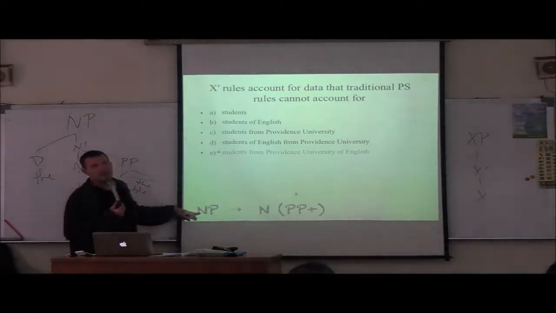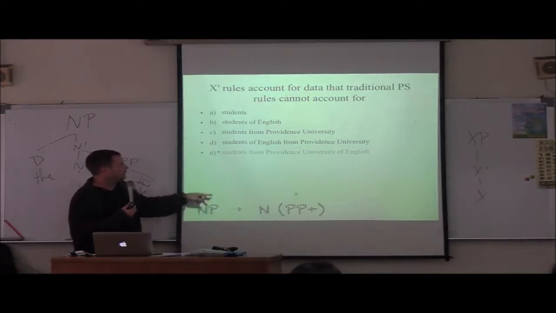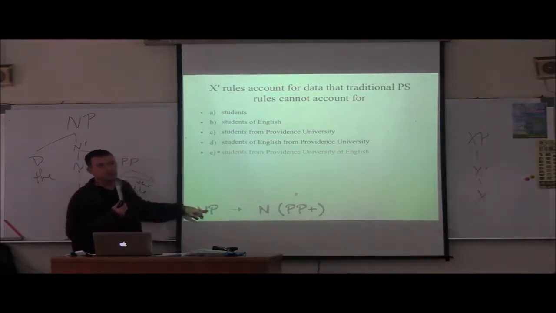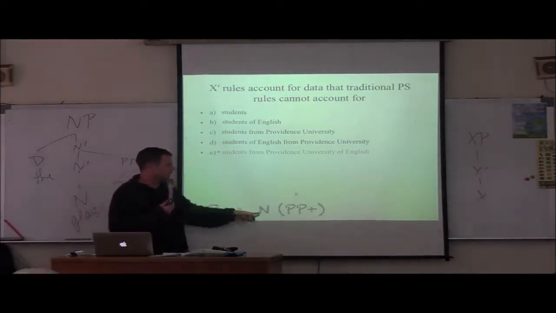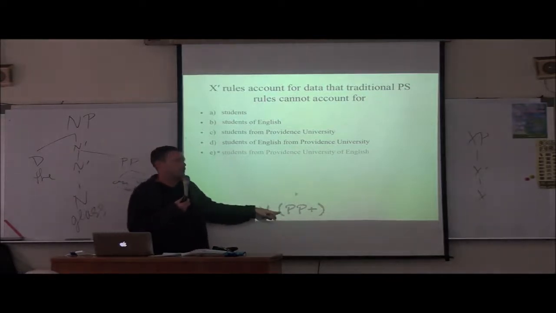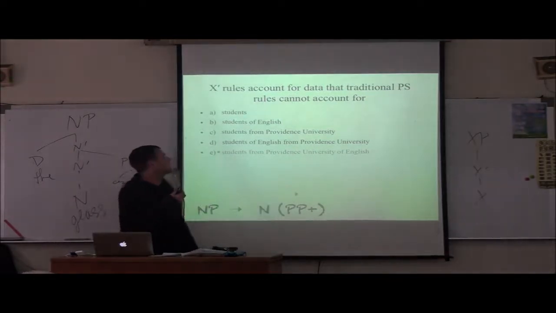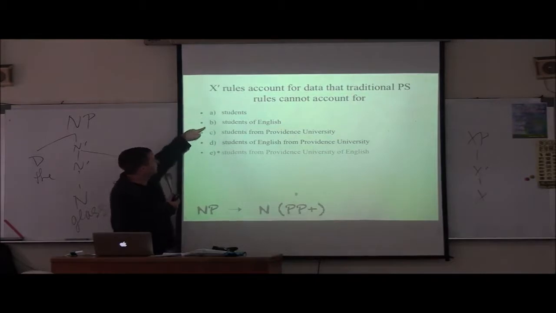The rule that we had for NPs was, look, complicated, but we can generate D and E with this simple rule that says that an NP consists of an N followed by maybe some prepositional phrases. This rule will generate A, B, C, D, E. All of them. We want to rule out E though.